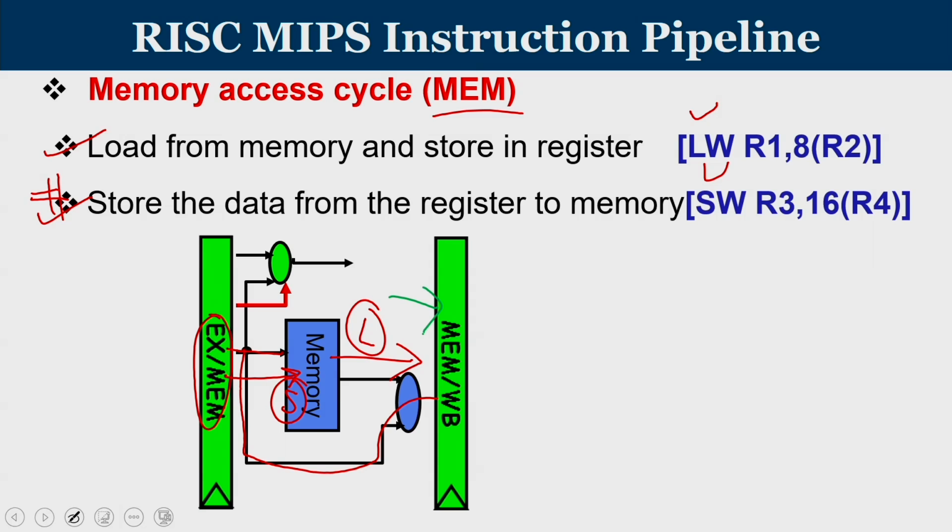For a store instruction, the operand value is already available in the EX MEM register, as well as the address. So, with the address and the data, go to memory and complete the store operation. So, the store operation gets over in memory and nothing comes out to the MEM write back register.